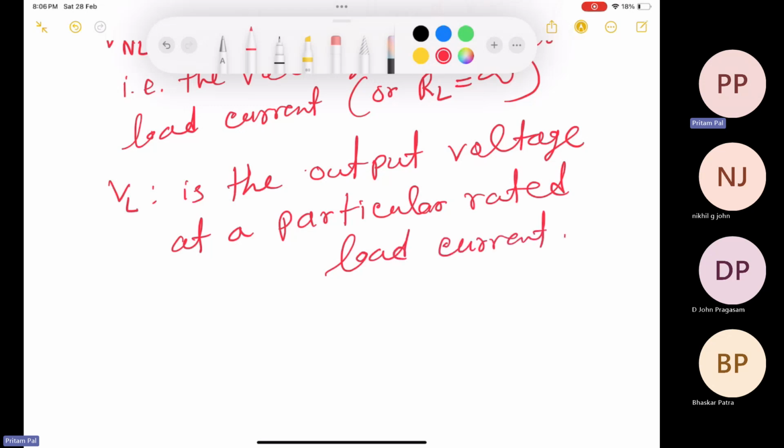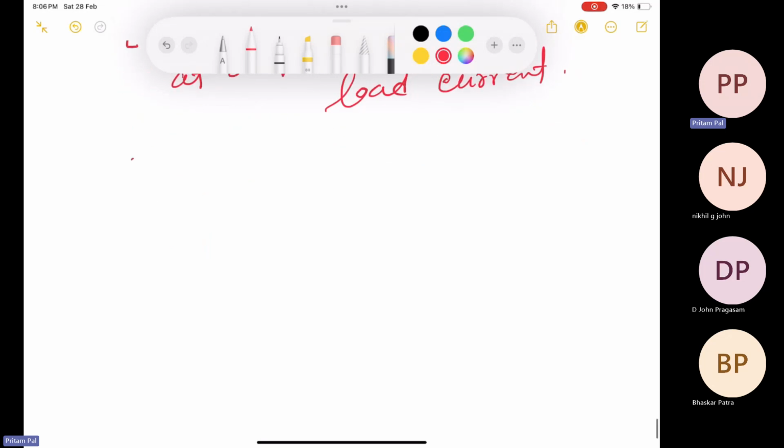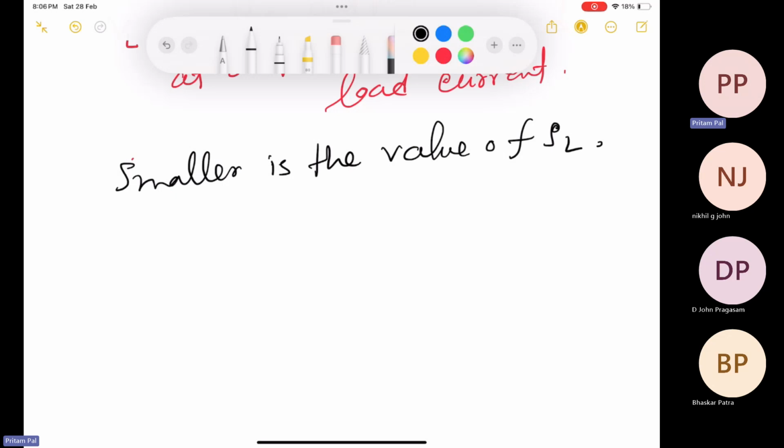The smaller the value of this is important actually. So you understand, the smaller the value of the percentage regulation, the better is the regulation.